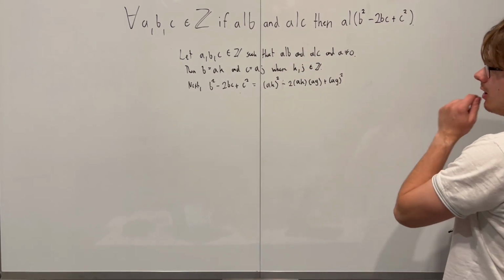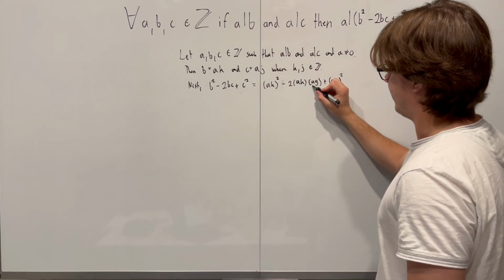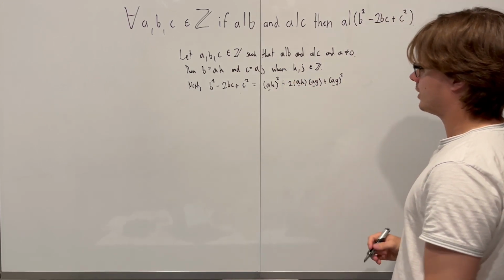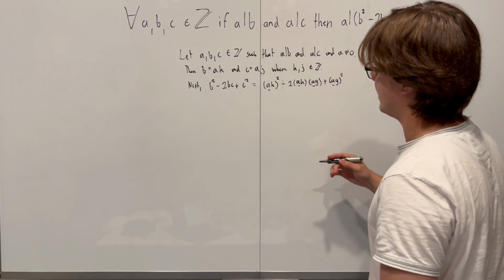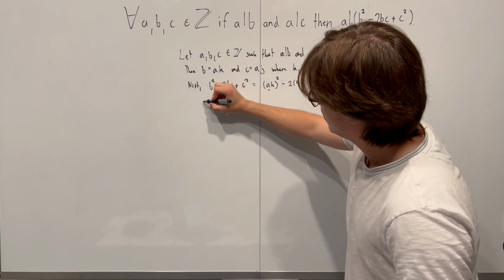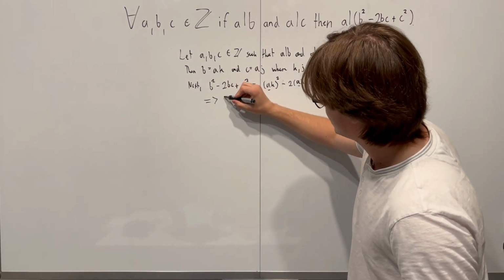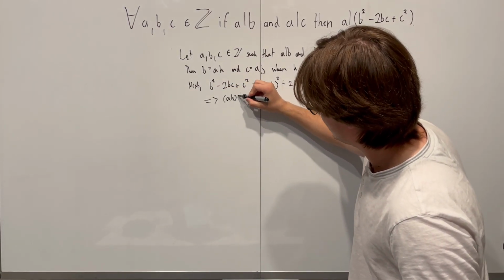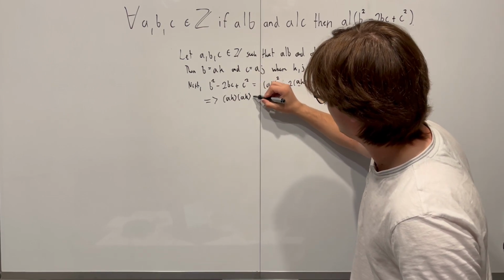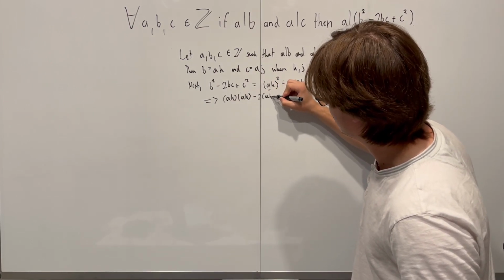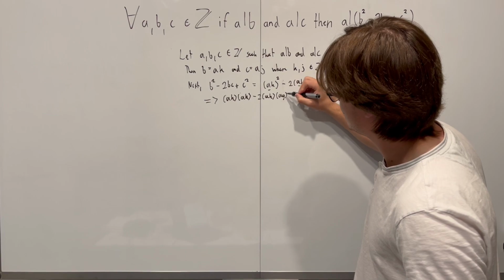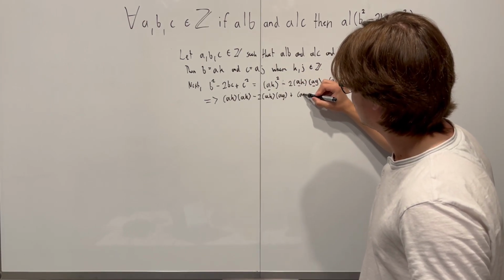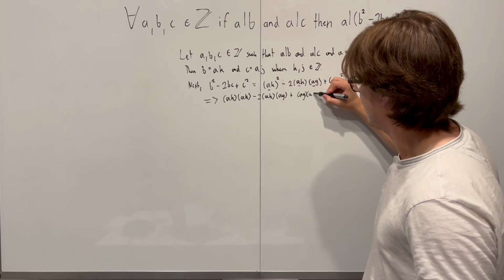Okay, there we go. We can definitely factor an a out of all of these, I'm thinking, because these are squared. If you can't quite see why we can do that, let me quickly show this a little more explicitly, because it's the same as saying a times k times a times k minus 2 times a times k times a times j plus a times j times a times j.